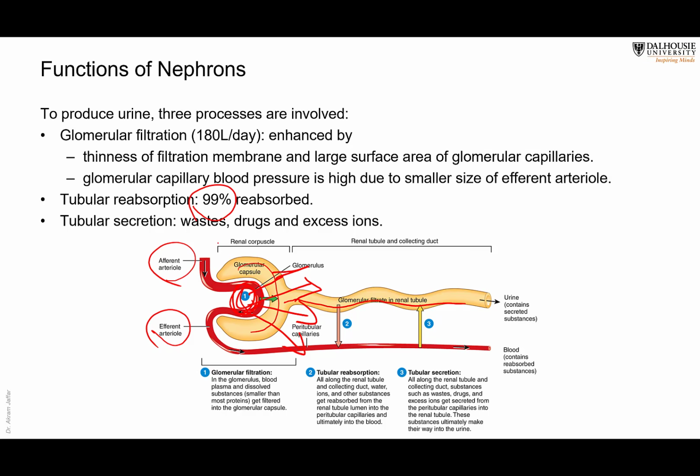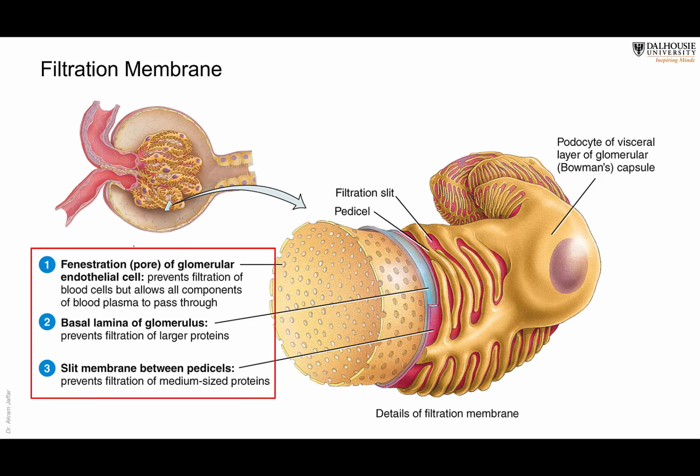Not everything is reabsorbed, of course, but some substances are going to be secreted, like toxic material and urea. So in the tubule, there is filtration, there is reabsorption, and there is secretion as well.